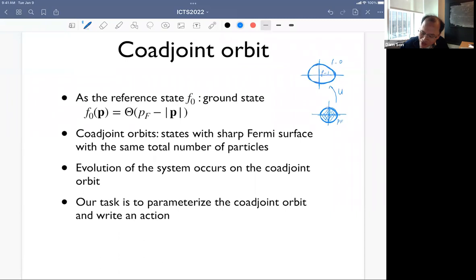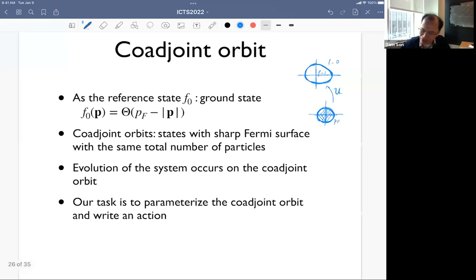All states with a sharp Fermi surface can be accessed from the reference state by a canonical transformation. We can show that, at least for small perturbations from the spherical Fermi surface. Okay, thank you. You're welcome.